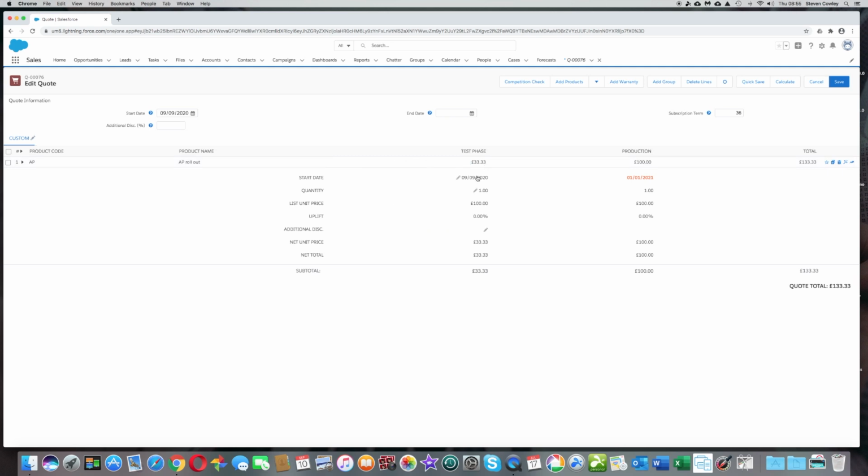So this first test phase is running effectively for a quarter, and therefore the pricing is prorated as you'd expect, and then the production is running for a year. So what we could say is in the test phase, the customer will have a limited number of units, and then when they go to full production, the number of units would increase, and we're going to offer them an additional discount.